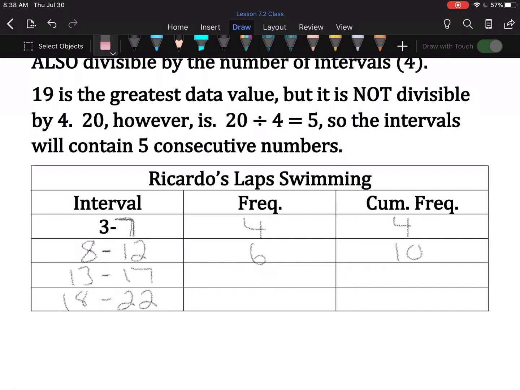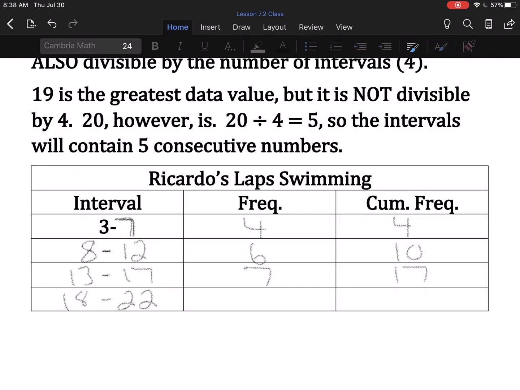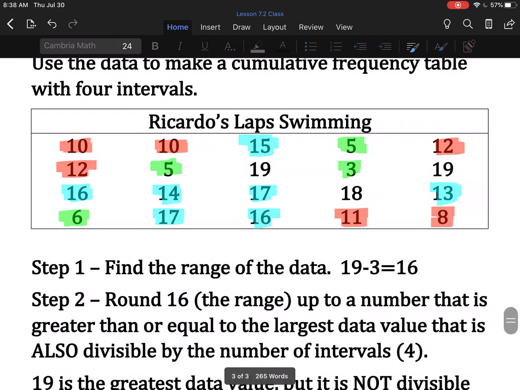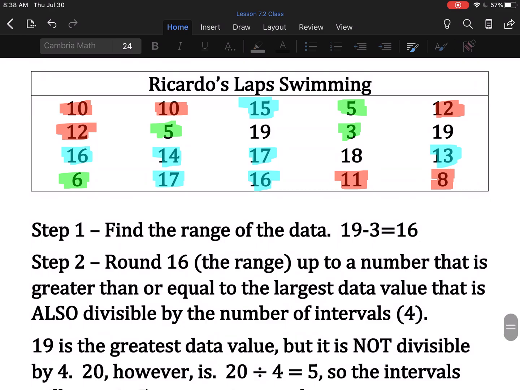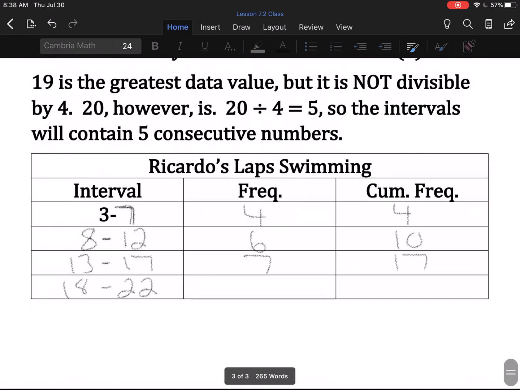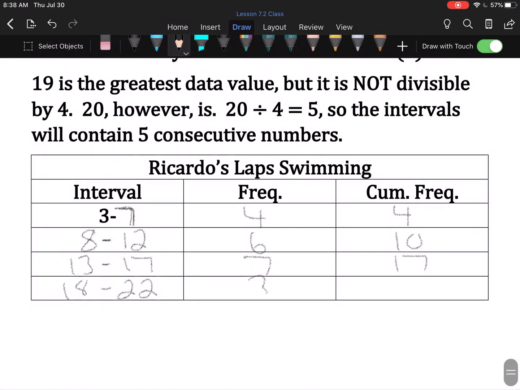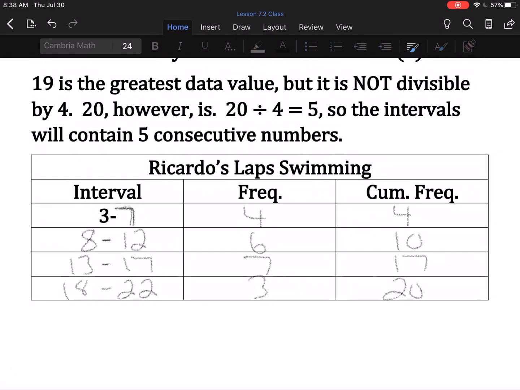Whoops, I don't really want to write with the highlighter. Let me switch to my pencil. Which means the cumulative frequency to this point is 17. And then there are 3 in the 18, 19, and bigger group. So we slap a 3 there, and our total cumulative frequency is 20.